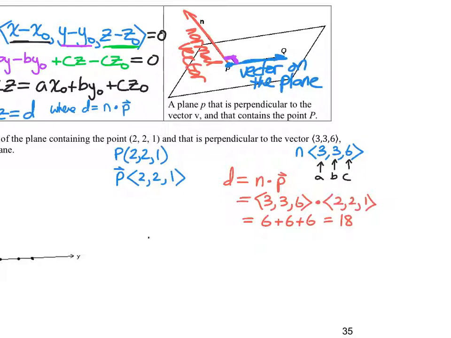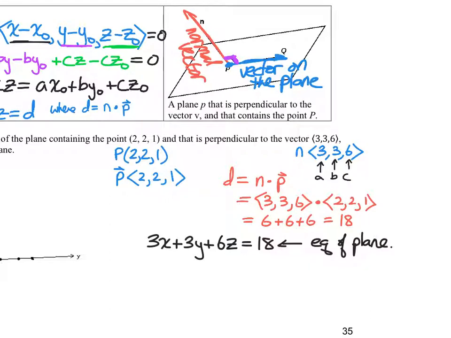So I'm looking at 3x plus 3y plus 6z is equal to 18. That's the equation of the plane. Now I just want to graph that.